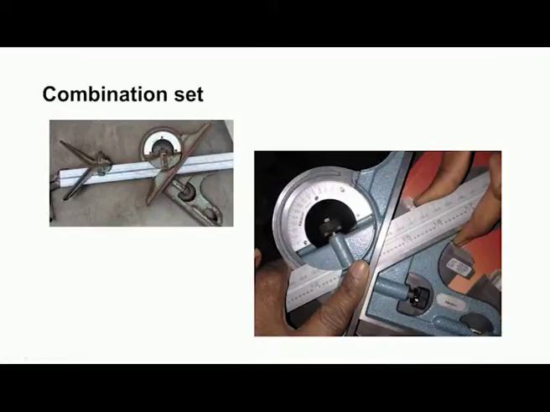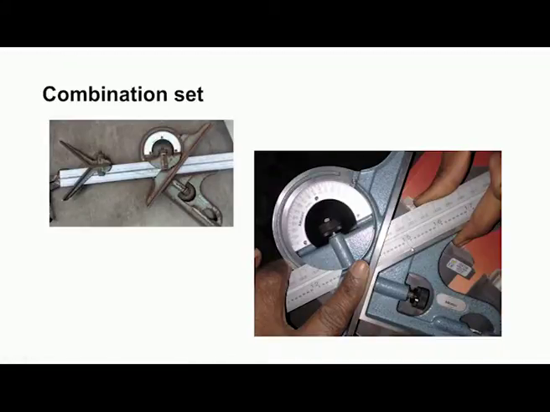Then what is the reading of the protractor? This 0 is a reference; the angle indicated by the protractor is what we have to see, and that indicates the inclination. In this particular case, it is showing 45 degree. That means the angle between this particular surface and this particular surface is 45 degrees.